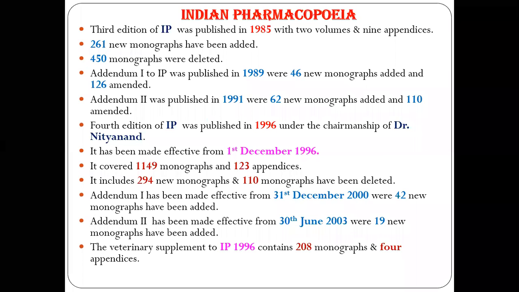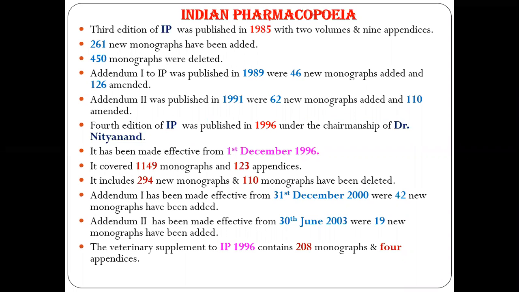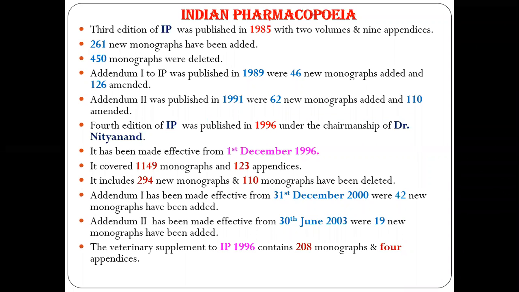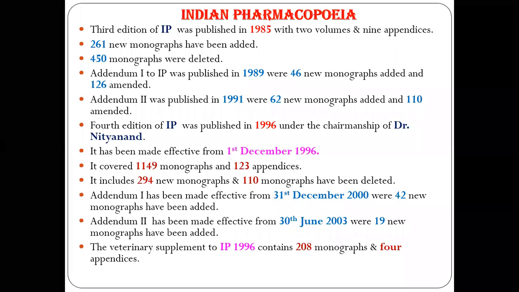And in this third edition, they added 261 new drugs. Previous drugs were there and an additional 261 new drugs were added. And from the previous edition, 450 drugs were deleted. See here, already we had the drugs, and from those we deleted 450 and added a new 261.